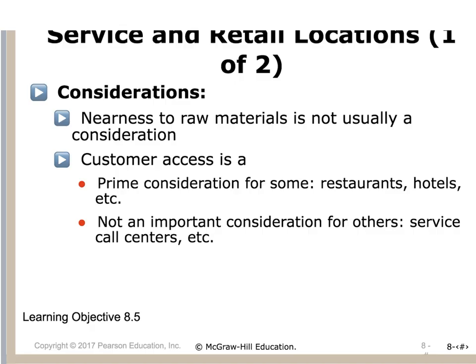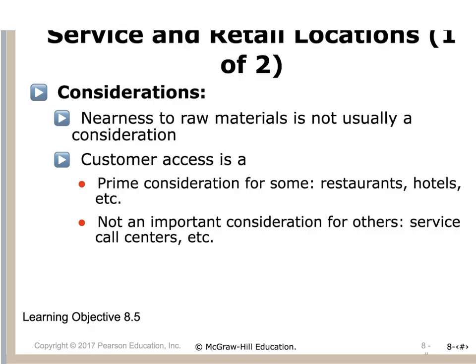Is it easy for customers to access your location? If people have to make U-turns to get to you, or you're on a hill somewhere, or it's going to take them a long time to get to you, you're not going to be a good choice for fast food.